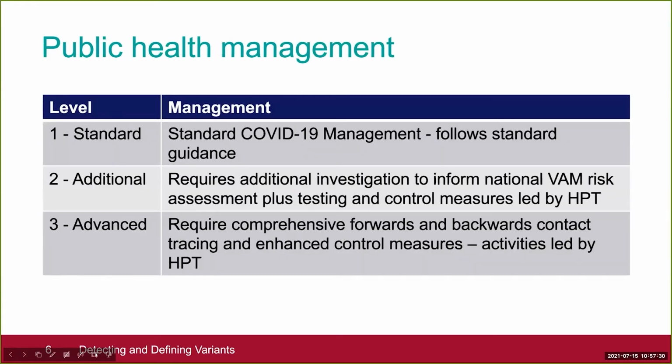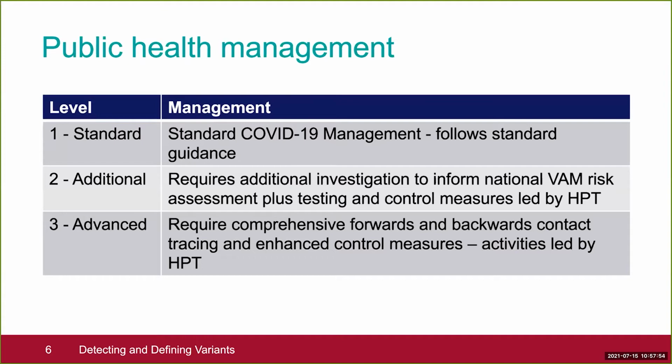Which brings me on to the public health management. The level of concern about a particular variant is entirely detached from the public health management associated with it. We can be extremely concerned about a particular variant, but there may be no public health management action associated with it. For example, Alpha and Delta.